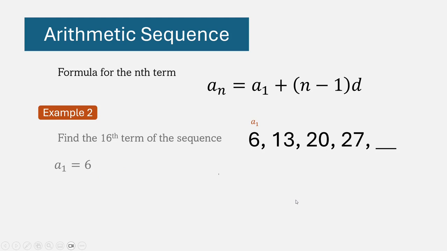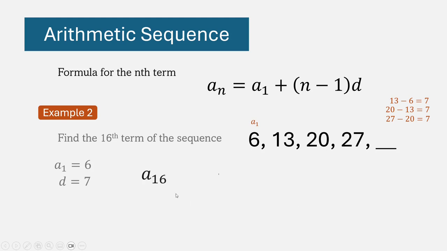Now let us find the difference. 13 minus 6 is 7. 20 minus 13 is also 7. And 27 minus 20 is also 7. You don't really need to find the difference of all the adjacent terms. It's just enough for you to identify the common difference. So the common difference now is 7.